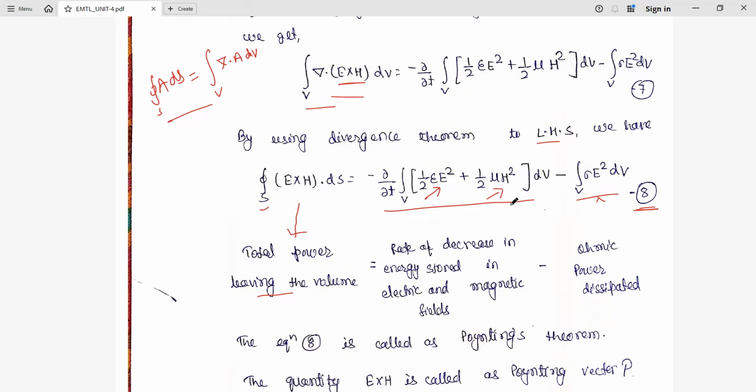So finally the total power leaving the volume is equal to the rate of decrease in the energy stored. The energy is stored in the form of electric and magnetic fields. So we have electric energy and magnetic energy, both are going to decrease here, and another part is being dissipated in the form of heat.